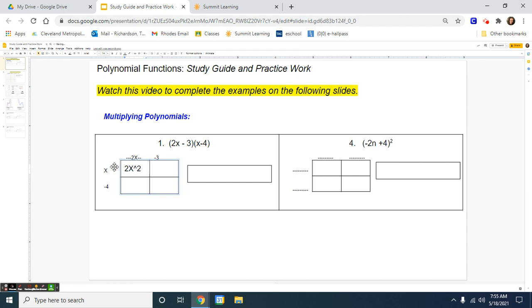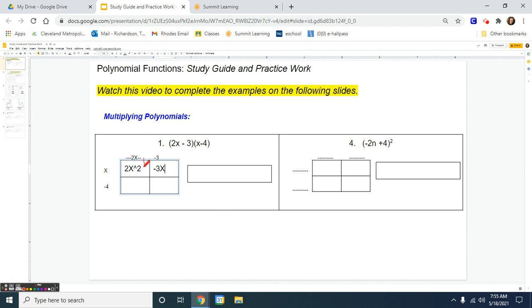So 2x squared. Next, what if I did negative 3 times x? It's just where these blank lines are crossing, you're going to multiply them together. So negative 3 times x is going to be a negative 3x.